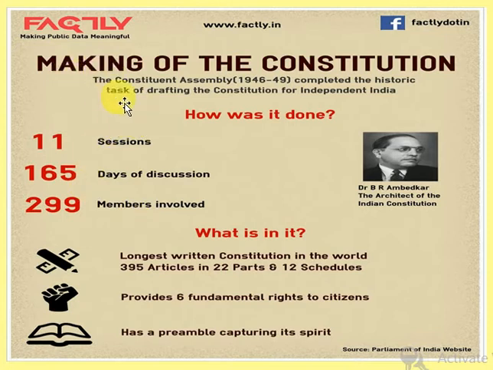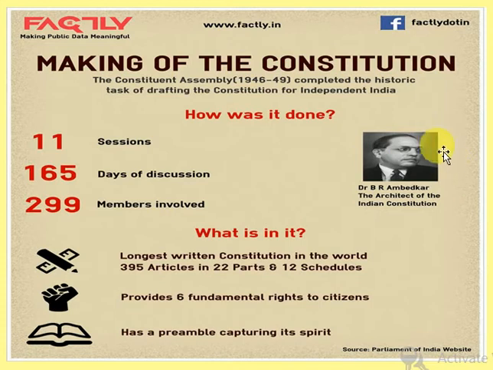So, as you know, the Constituent Assembly, from the year 1946 to 49, completed the historic task of drafting the Constitution for independent India. How was it done? There were 11 sessions, 165 days of discussion, and 299 members involved.